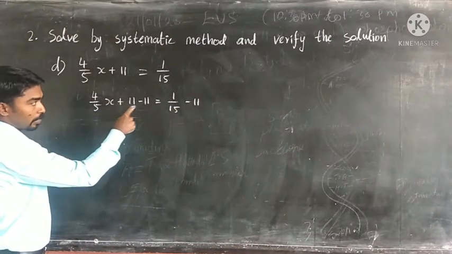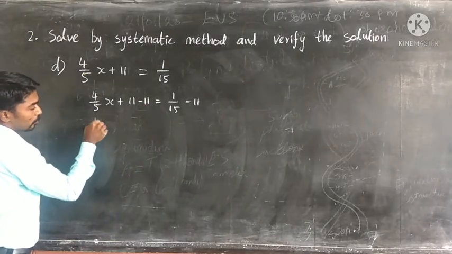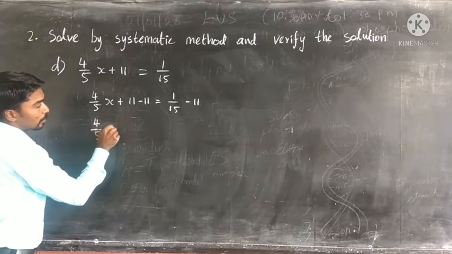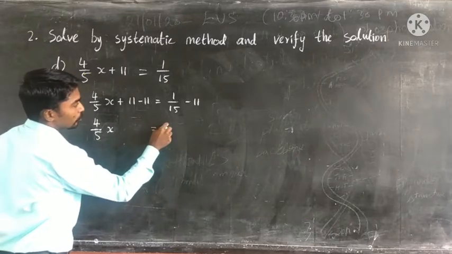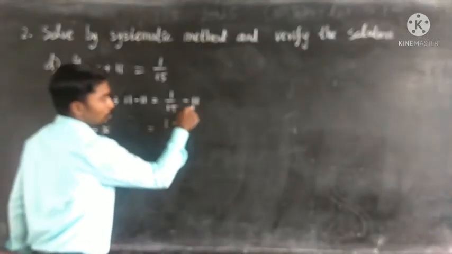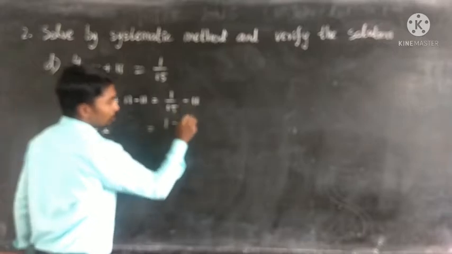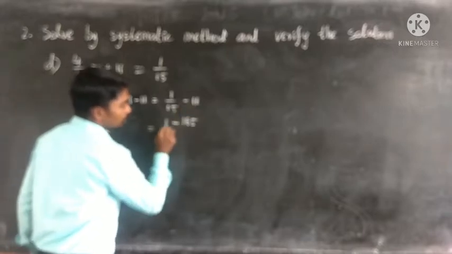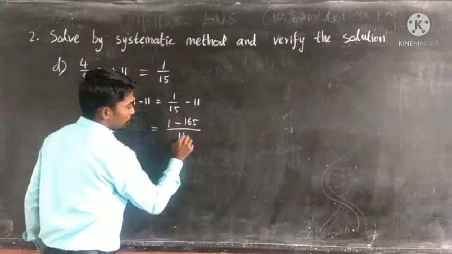So plus 11 and minus 11 will get cancelled. 4 by 5 x is equal to, simplify, 1 minus 15 11s are 165 whole divided by 15.